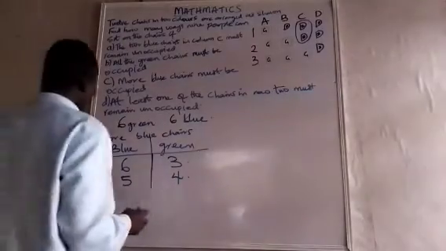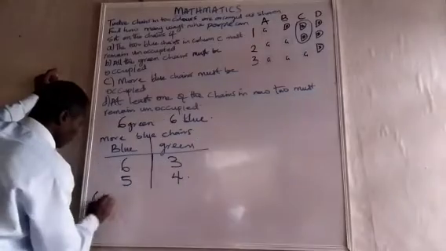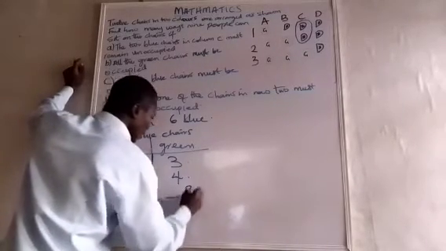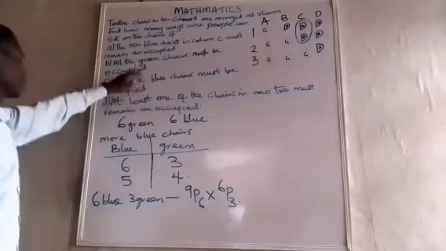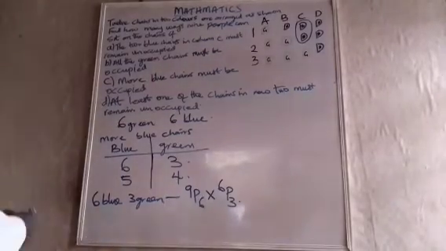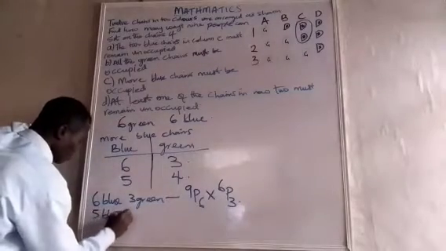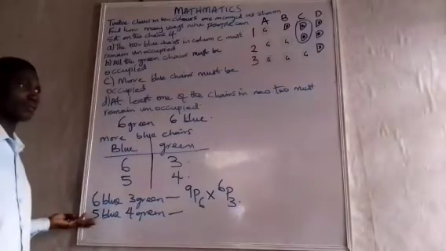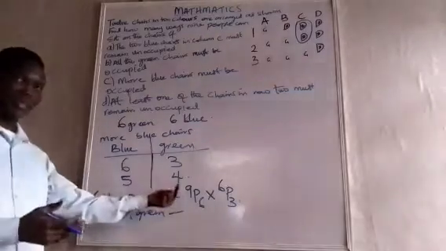Now, if we are going to have 6 blue and 3 green, the arrangement is going to be 9P6 times 6P3, as in the second question. Now, for 5 blue chairs and 4 green chairs, we can select the 5 in different ways from the 6 chairs.